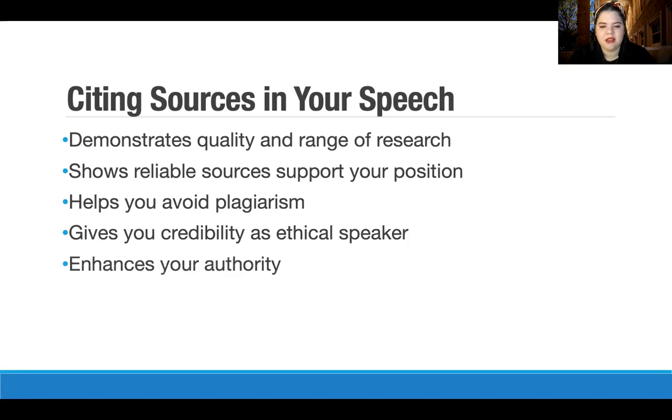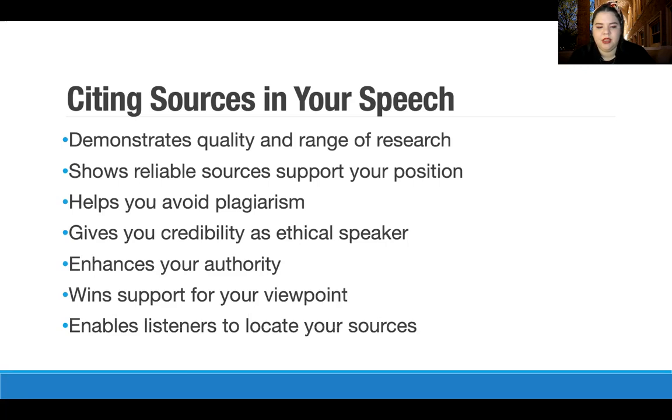It's also going to enhance your authority. And it's going to win support for your viewpoint. Finally, we can enable listeners to locate your sources so they can go and find them later and refer to them on their own or double check what you were saying. So these are all really important points.